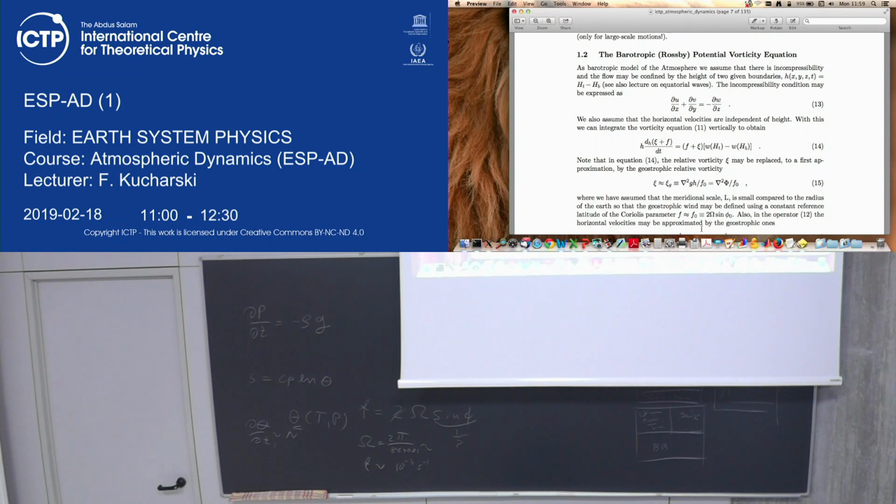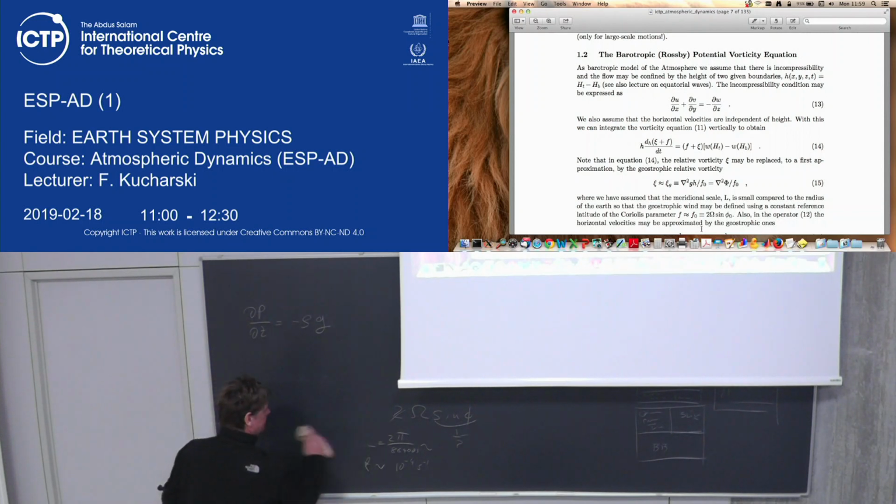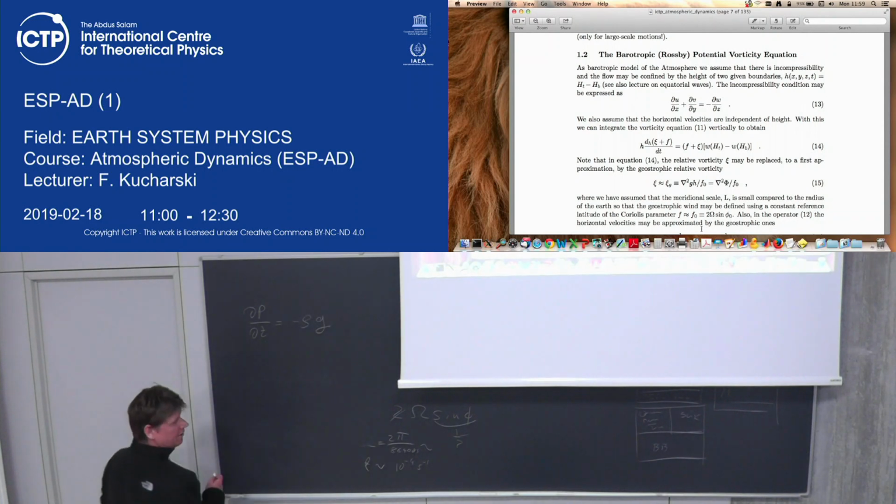So what we have to do is use the continuity equation. Now, how does the continuity equation strictly look like? The equation for the density of our flow.